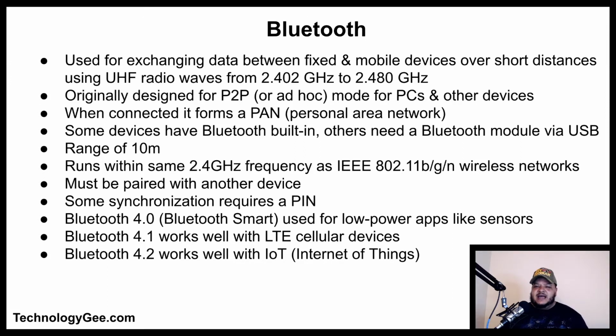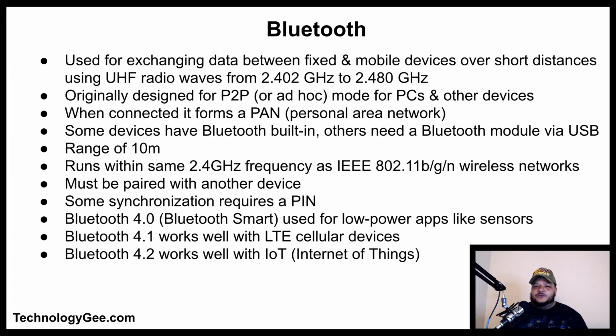Bluetooth began as a technology mainly designed to operate in peer-to-peer or ad hoc mode between PCs and other devices. When Bluetooth devices are connected to each other, they form what is known as a PAN, or a personal area network. Some systems and devices have Bluetooth adapters already integrated, while others need a Bluetooth module connected via a USB port to enable Bluetooth networking.